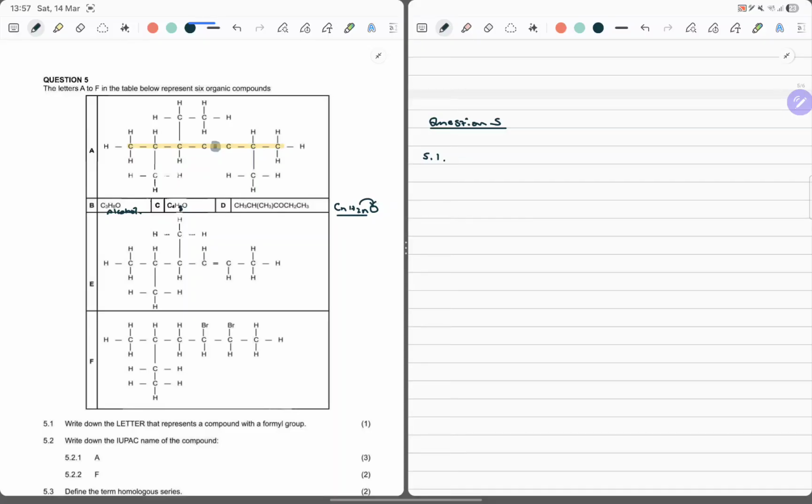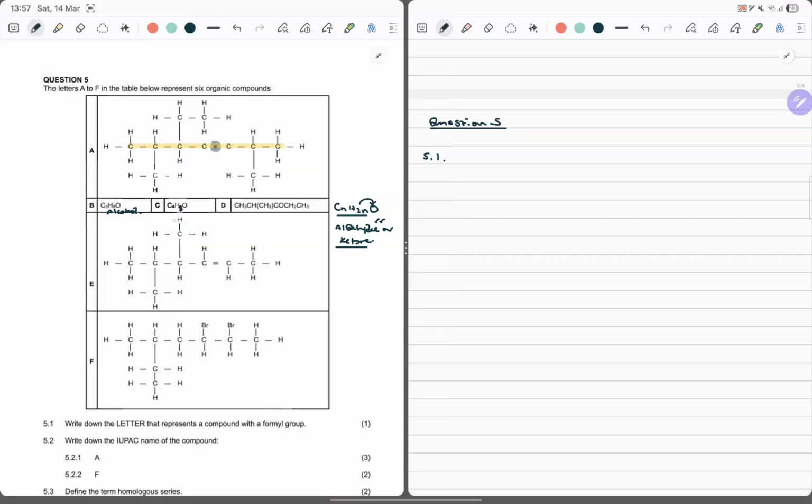Once you see an oxygen, it's part of the carbonyl group, so it's either an aldehyde or a ketone. For this one, you wouldn't be too sure. But normally, once we end with a CHO, we would be leaning towards aldehydes.